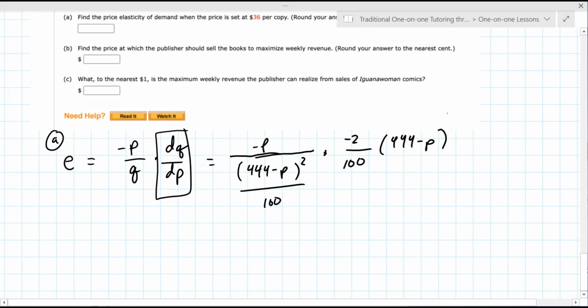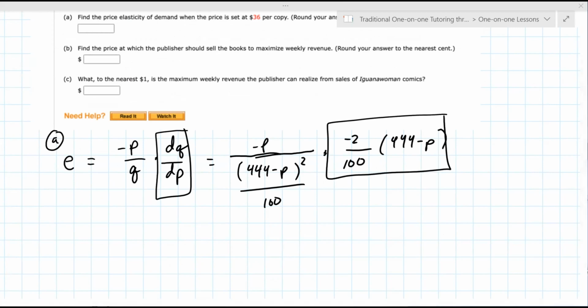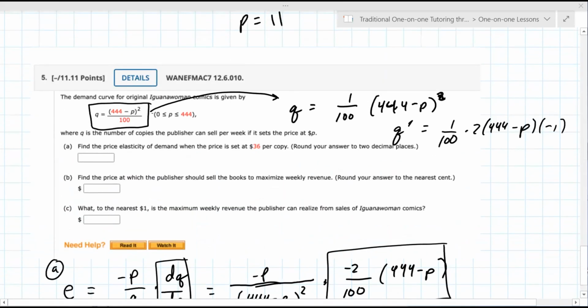Let me box that in. Why did we take, where did the 444 minus P come from? The power rule. The power rule says to keep the inside function. If you haven't heard it that way, that's the terminology I like to use to remember that you have to hold something with it.